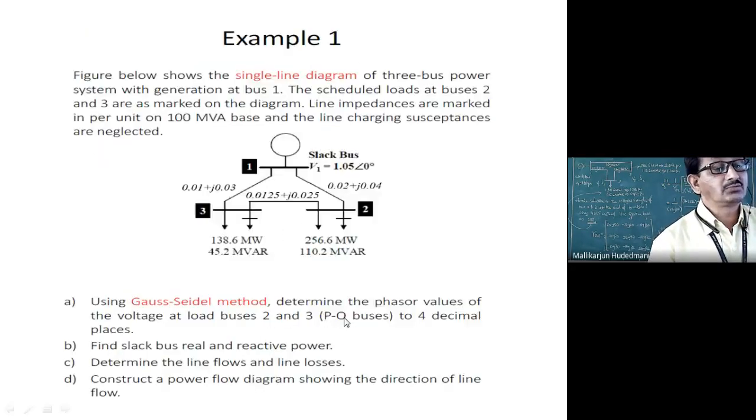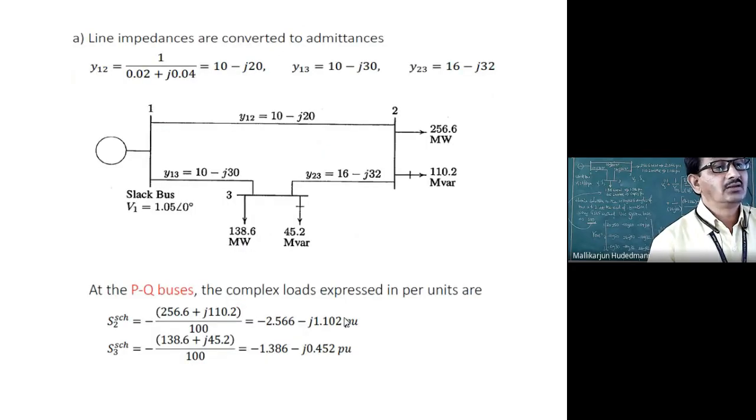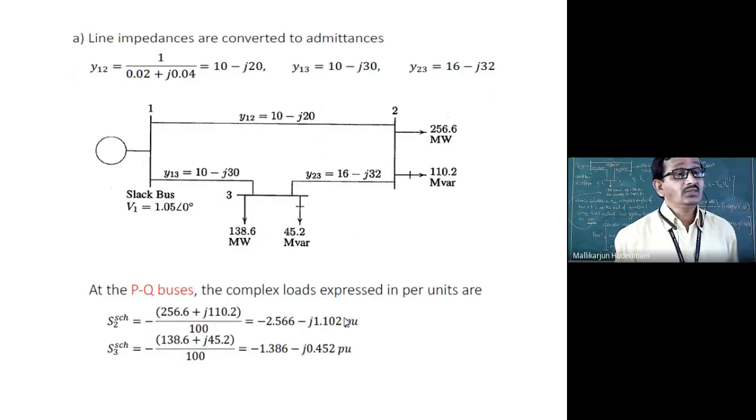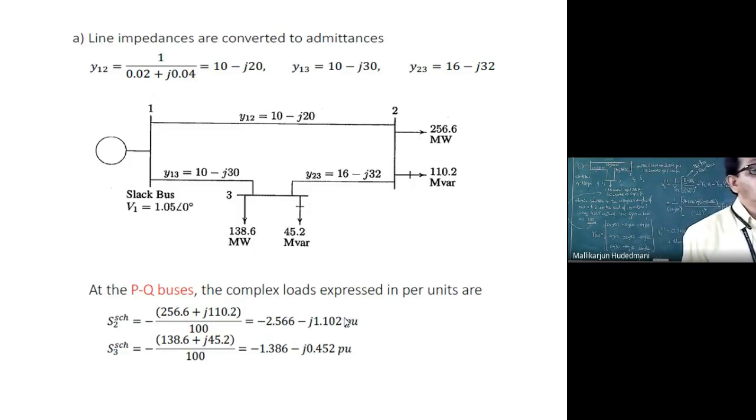That is drawn. This problem is simply drawn as 3 buses in a single line diagram and the line data is represented like this. Now, can you see it there? Line impedance is converted to admittance. For line 1-2, the value is 1 divided by 0.02 plus j0.04, impedance converted to admittance.